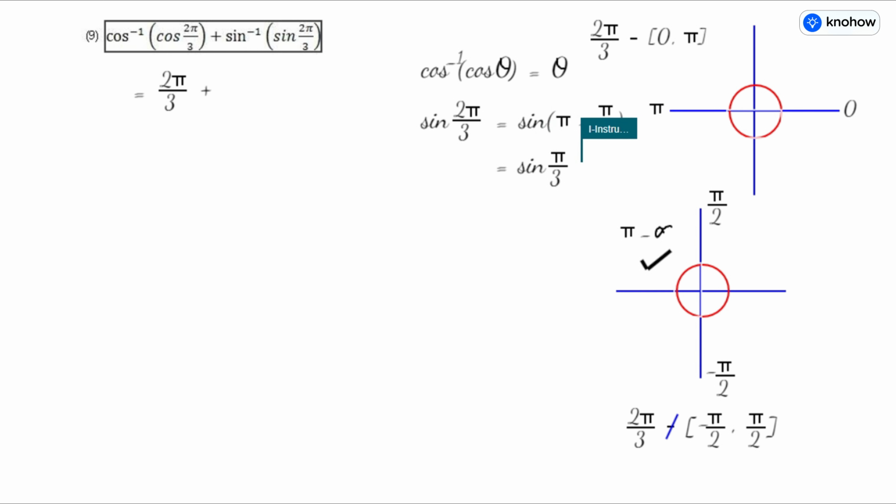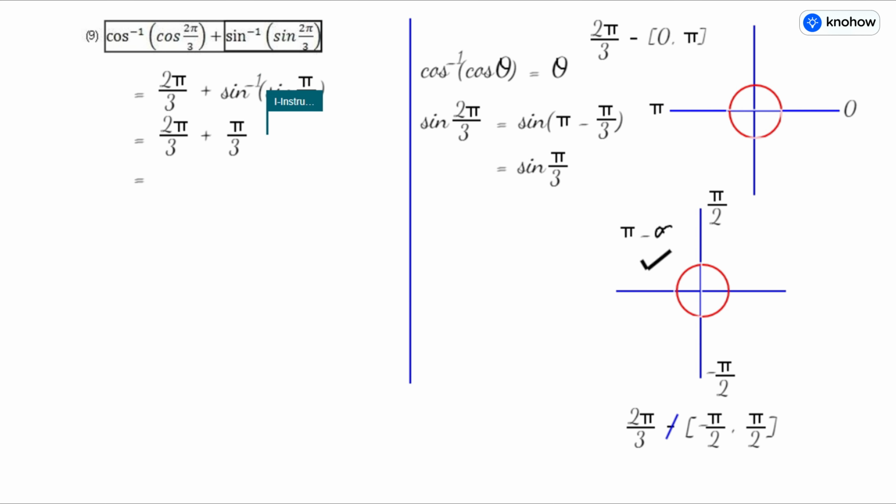So now, coming back to the required expression, I should write here sine inverse of sine pi by 3, where now pi by 3 lies in the principal value branch, that is negative pi by 2 to pi by 2. So it reduces to 2 pi by 3, and using the property that sine inverse of sine theta is theta, pi by 3, and obviously 2 pi by 3 plus pi by 3 is pi.